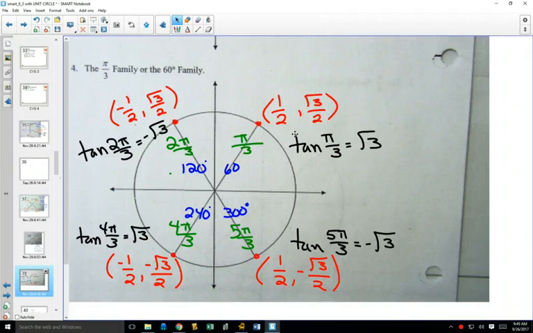So notice for the families, the values stay the same. Just positives and negatives change according to the cast rule, which change naturally according to where x coordinates are negative and y coordinates are negative. And there we have all of our unit circle.